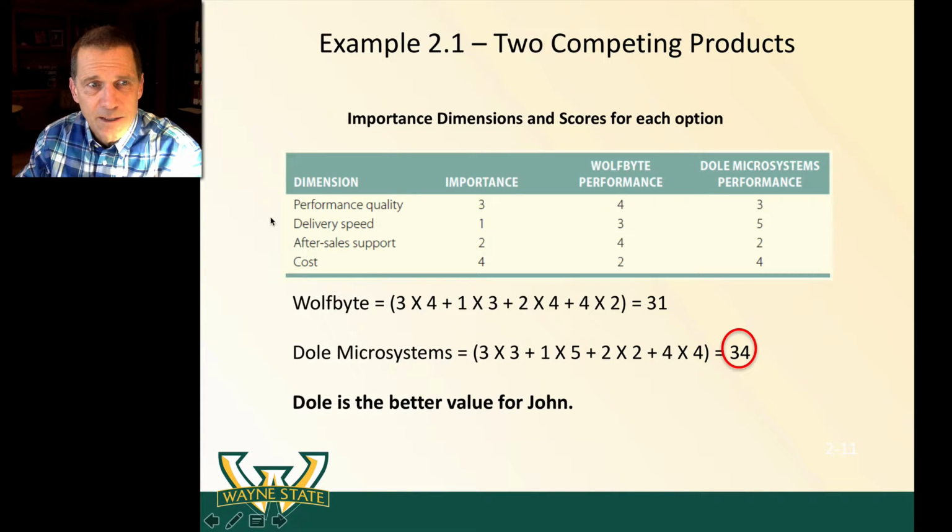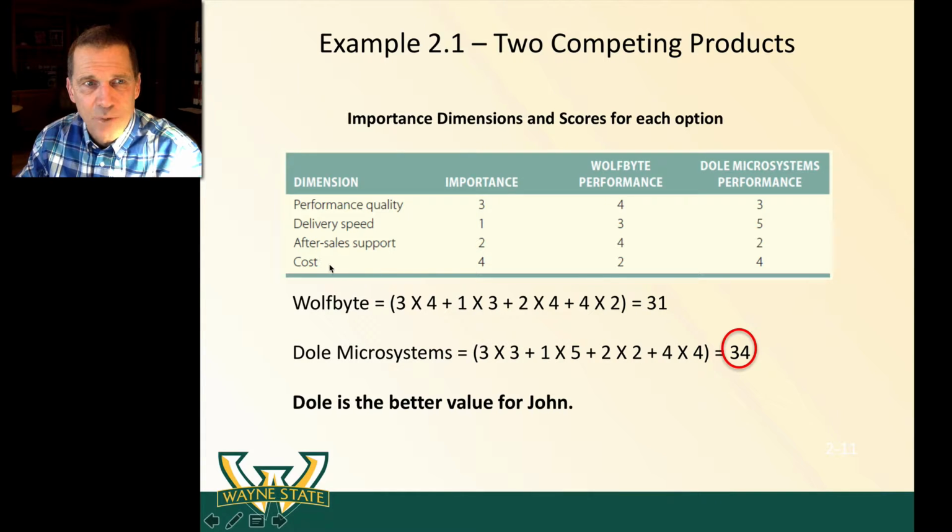So here is the simple grid. These are the 4 performance dimensions that matter to John: performance quality, delivery speed, after-sales support, and cost, and this represents their relative importance to each other, the higher numbers being more important.